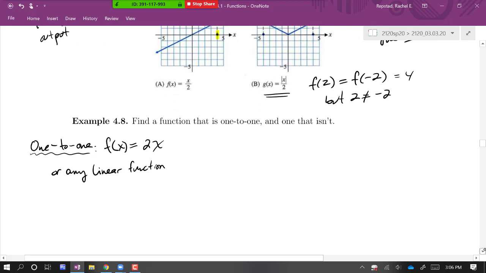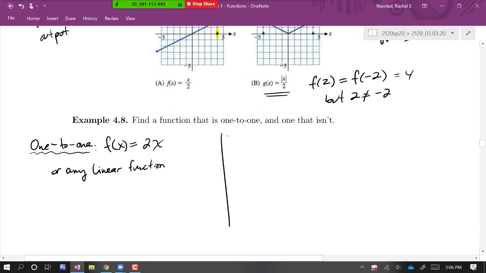How about one that's not one-to-one? Let's come up with a function where we could find two inputs that map to the same output. The absolute value, f of x equals the absolute value of x.